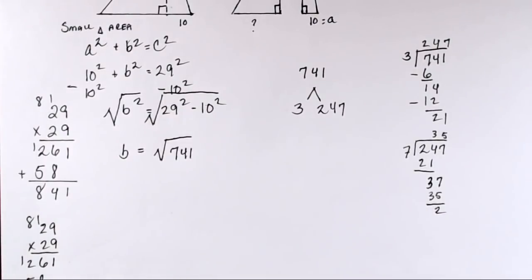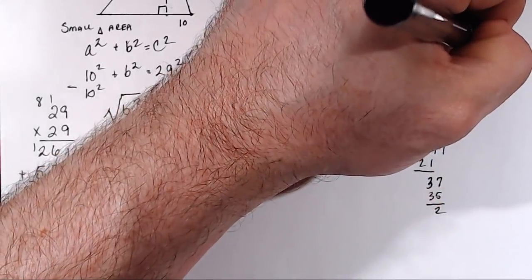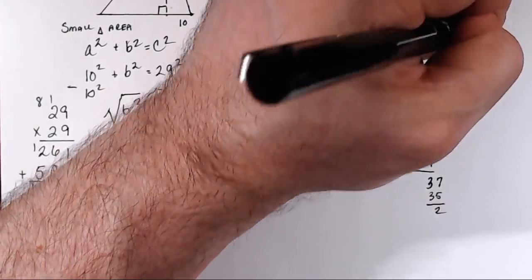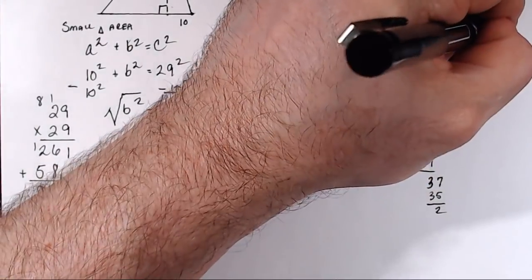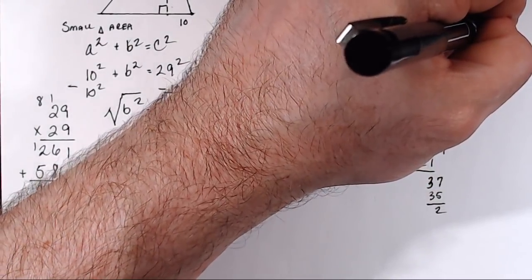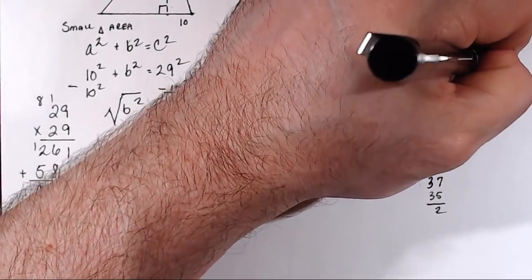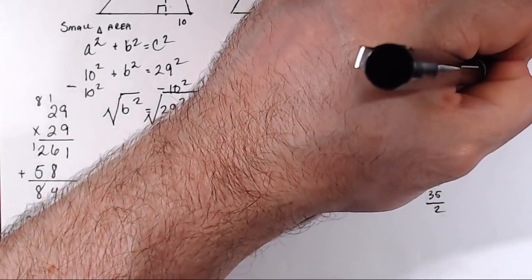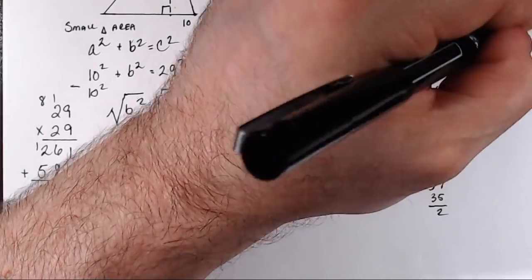So that doesn't work. How about 9? Okay. 247 by 9. 9 goes into 24 twice. That's 18. And that is 67. Nope, it doesn't go in evenly.